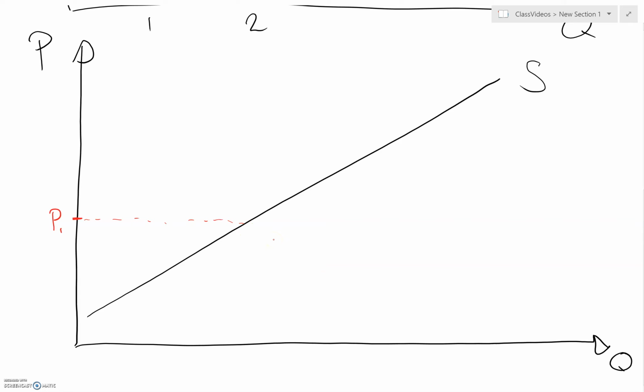Now remember that in chapter 4 we learned that one of the interpretations of the height of the supply curve is that it is the seller's marginal cost. So what this means is that there is a seller, say somewhere here on the supply curve, that has this marginal cost, but they managed to sell the item for this price.